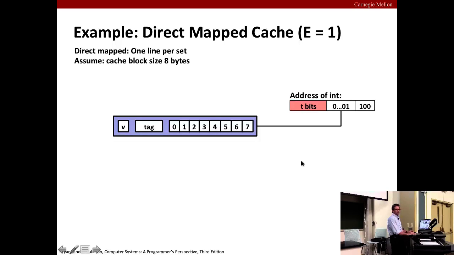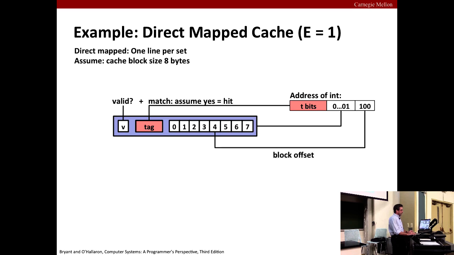If the block we're looking for is in the cache, it's going to be in set number 1. Then it does the comparison of the tag bits and the valid bit, and assume that the valid bit is on and that the tag matches. Then it looks at the block offset, which is 4, and which tells it that the 4-byte int, suppose that's what the instruction was referencing, begins at offset 4. So now the cache takes this int and sends it back to the CPU, which puts it in the register. Okay.